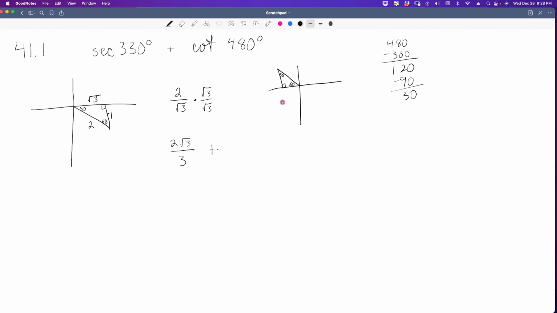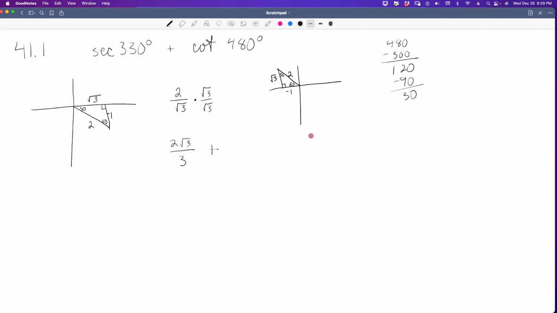So I just line it all back up. Between my 90 and 60, I have a negative 1. Between my 30 and 90, this is going to be a positive square root of 3, and 2 is the hypotenuse, and it's always positive. Now the cotangent is going to be the reciprocal of TOA, which is opposite over adjacent.